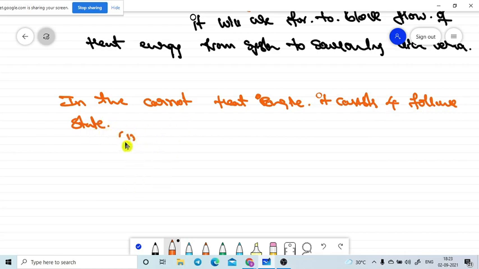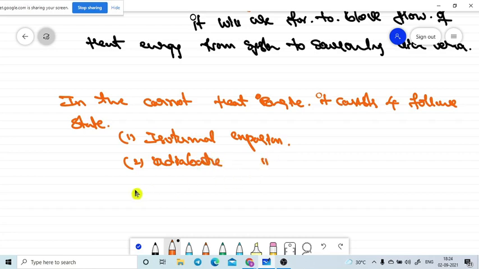The first one is isothermal expansion. The second stage is adiabatic expansion. The third one is isothermal compression.